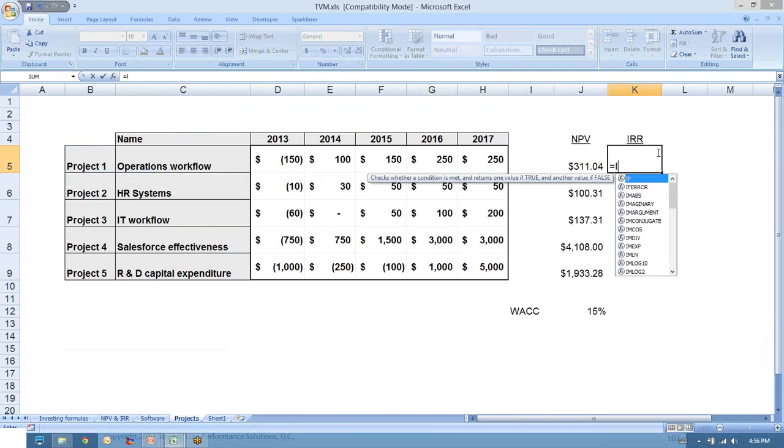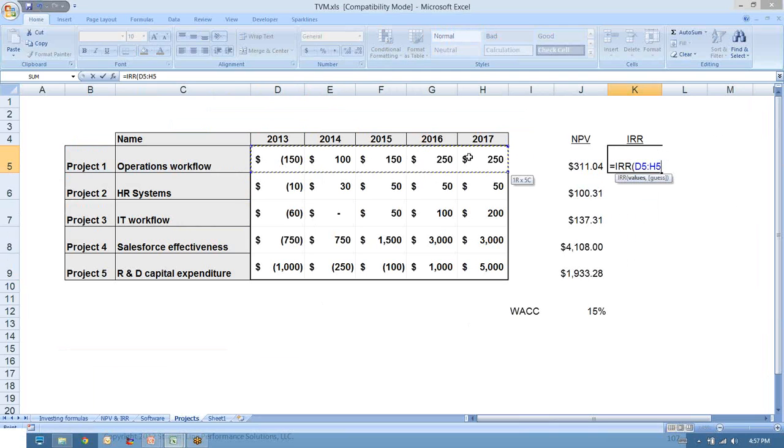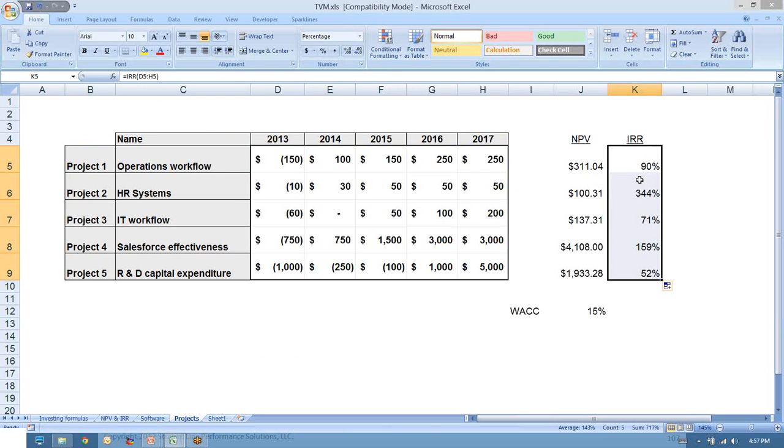Okay, so let's put that in, IRR. Now, IRR helps if you make an initial guess, but even if you don't guess, it'll guess 10% for you, so you're usually covered in that. Okay, let's just go ahead and select this, hit the return button. That's my IRR, and there we go.